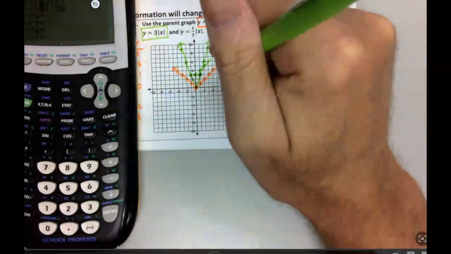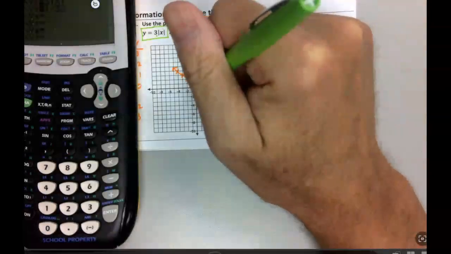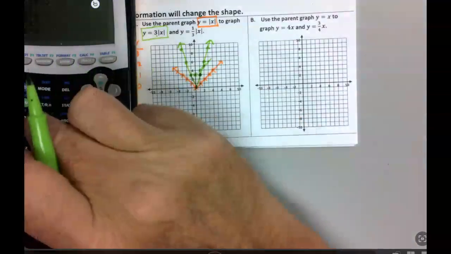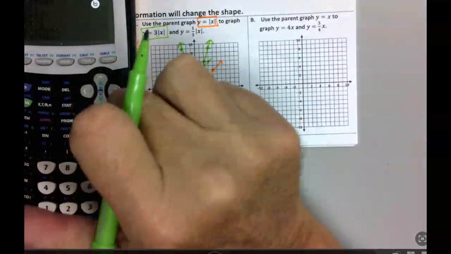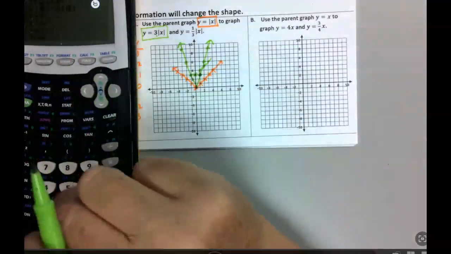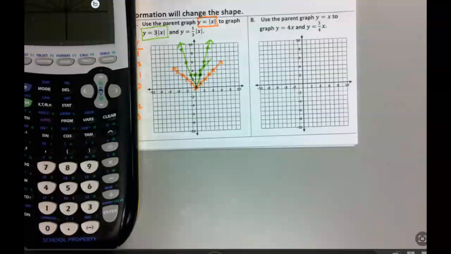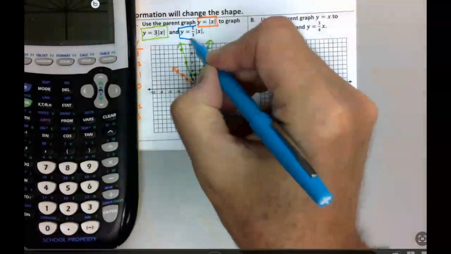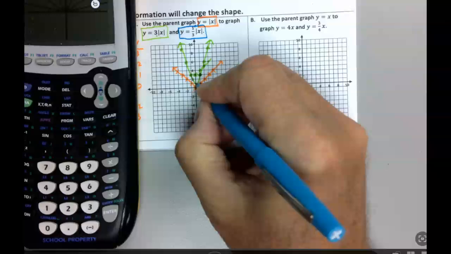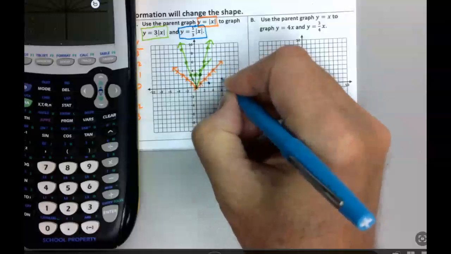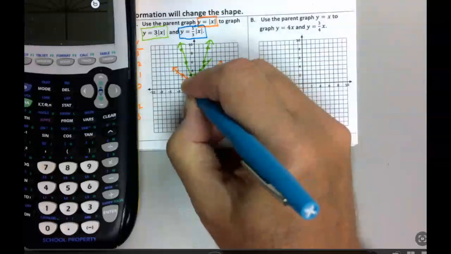All right, now, 1/3 math, number, absolute value, x, hit graph, and it gets wider, doesn't it? Correct? It gets wider. So what you do here is your slope is up 1 over 1, 2, 3. Up 1, left 3.